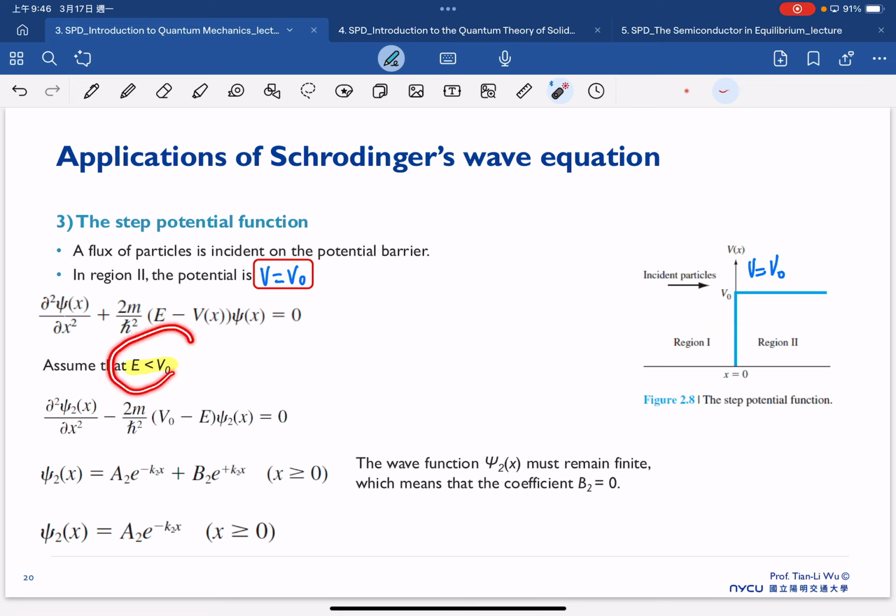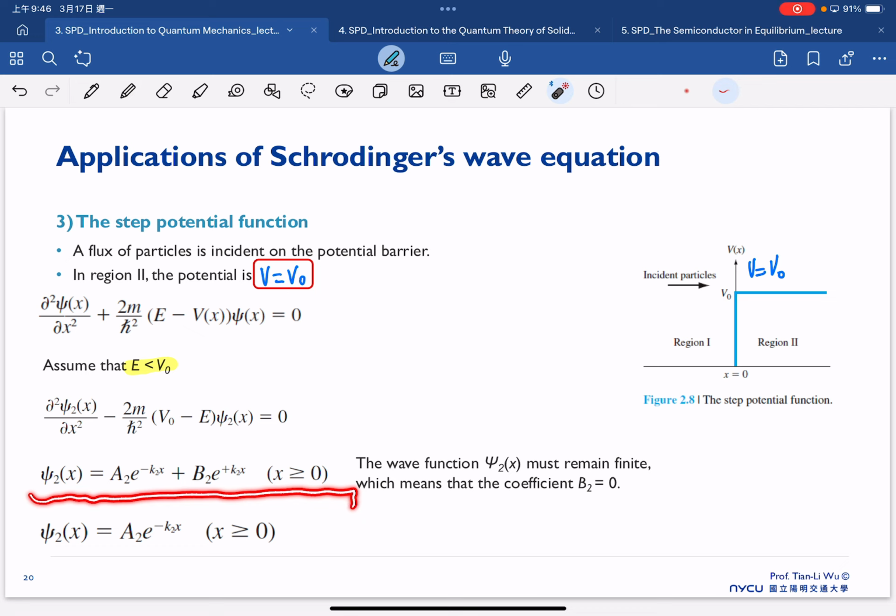So we consider this assumption. Now we have this equation, and the solution for this wave equation can be expressed by this one.